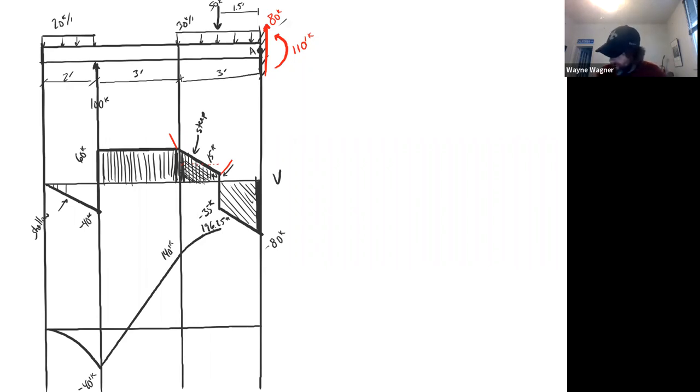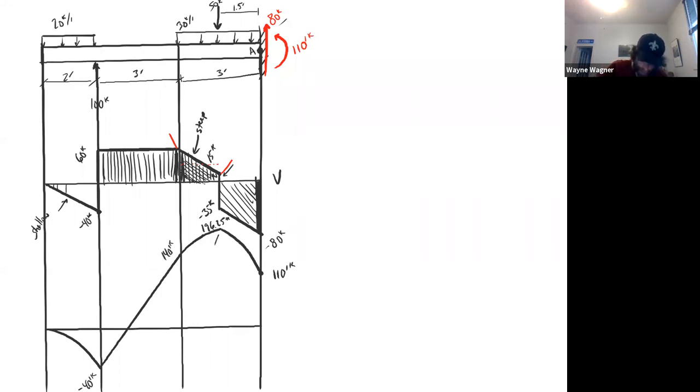Divide that by 2, so that's the average height of that thing, 57.5, and I'll multiply that times 1.5, which is its base, and I got 86.25. Okay, so if I subtract that 86.25 out of the 196, I end up at a point maybe here, which is going to be 110 foot kips.